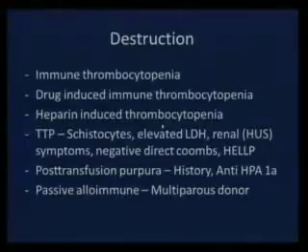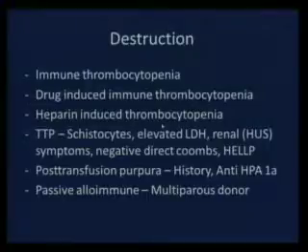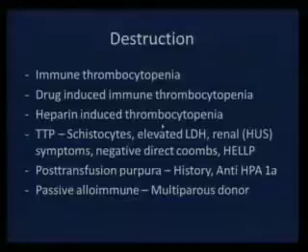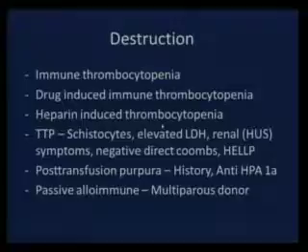Obstetric patients might be having HELLP syndrome. You know what HELLP is, right? Post-transfusion purpura. So how to diagnose that? I think it's a little rare. I have not seen many patients in this hospital. History, anti-HPA1A antibodies will be positive. Passive alloimmune is from multiparous donors. You see that in them.